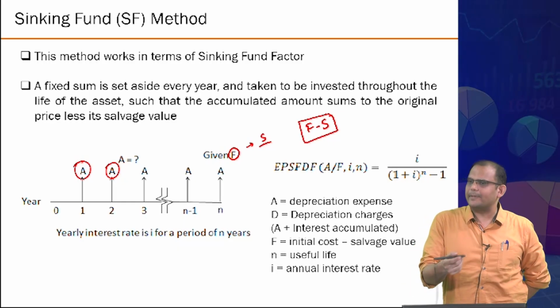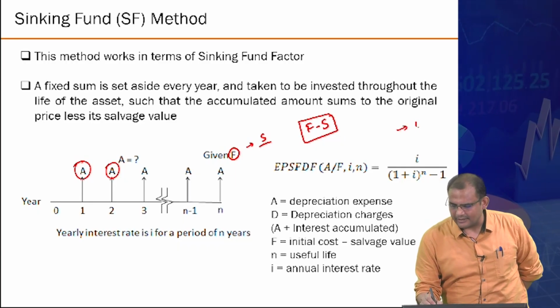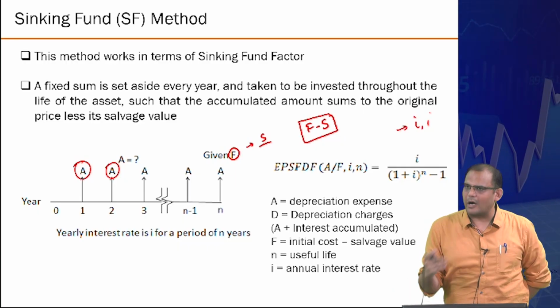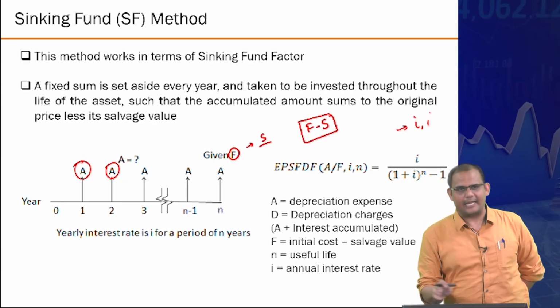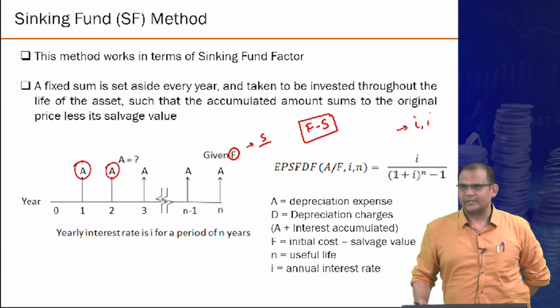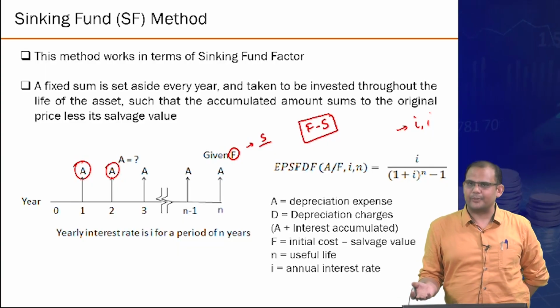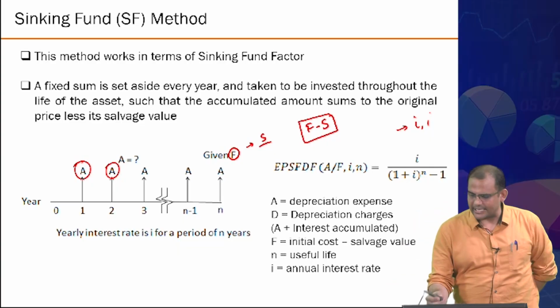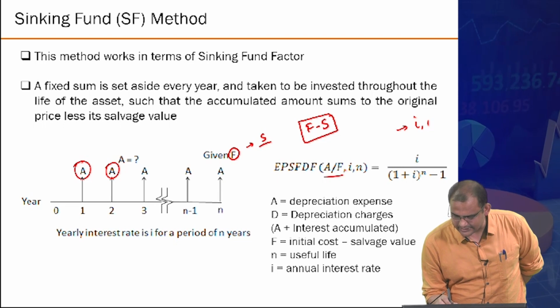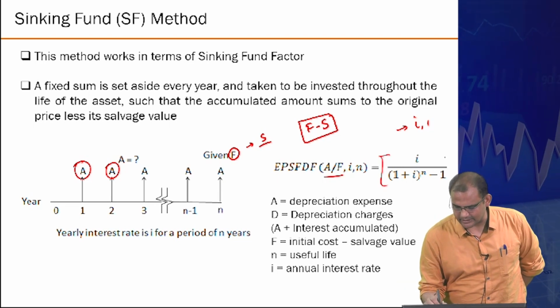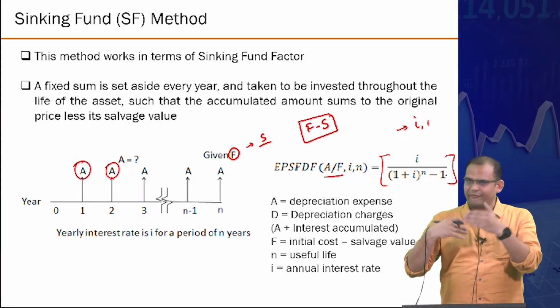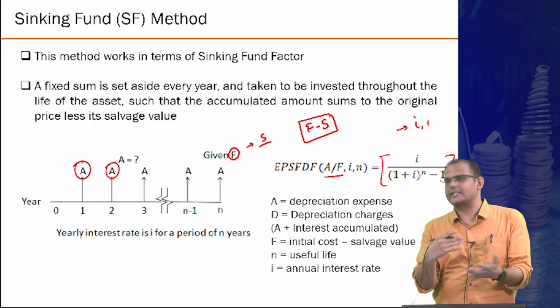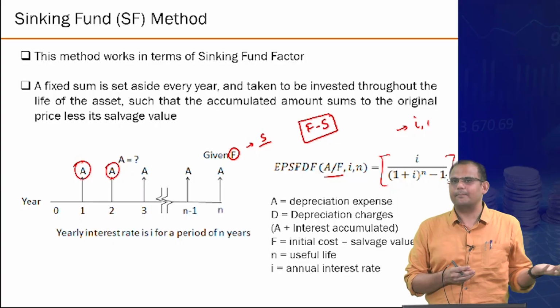So how much should the A value be at a given MARR or whatever i, so that your final amount at the end of year N becomes F minus S. That is a simple formula. We have been doing this calculation pretty much. So you can calculate this A using the A by F formula. This becomes the ratio, and this F here is the actual value of the asset minus the salvage value that you will get by selling the previous asset that you have.